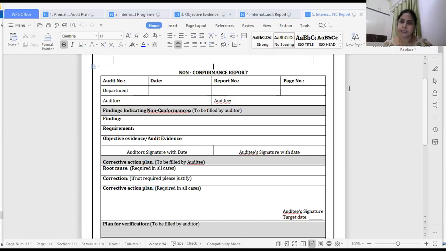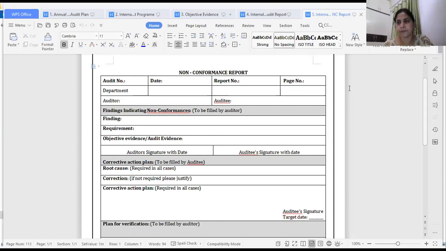After sending the program, after 2 days, I sent another reminder email. Then I got a response saying that this is my timing and this is the day I will be available for the audit. I agreed on the same time and same date. I went. I waited for half an hour, but the process owner was not available.